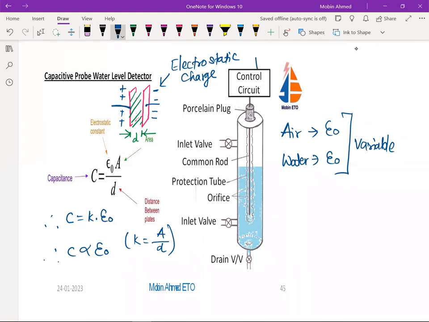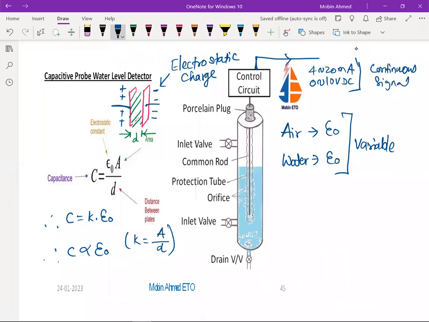So this level control output for the transmitter, the control unit, is going to give an analog signal, that is 4 to 20 milliampere or 0 to 10 volt DC, a continuous signal.